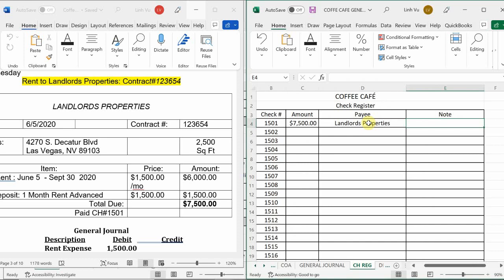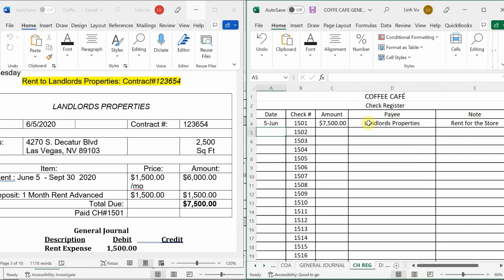Because that's the person who you'll be paying the rent to. Mm-hmm. So I'm going to go ahead and say rent for the store. Okay.